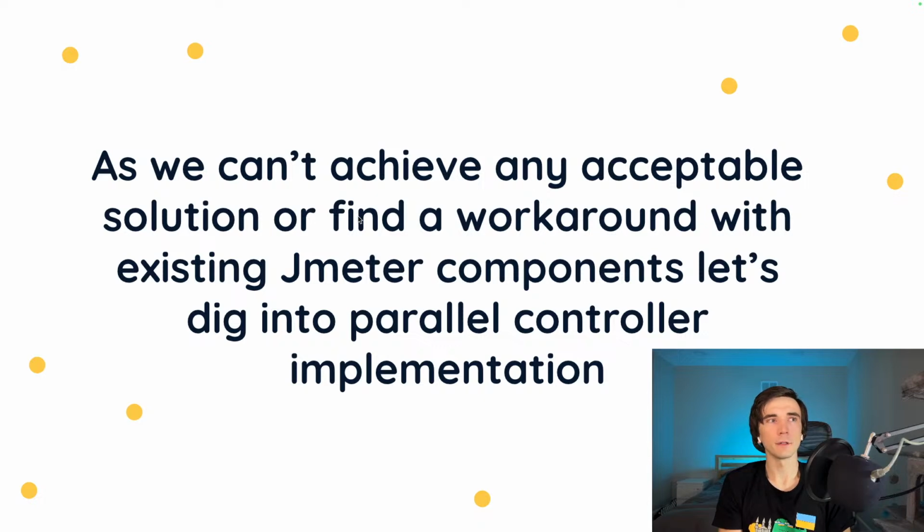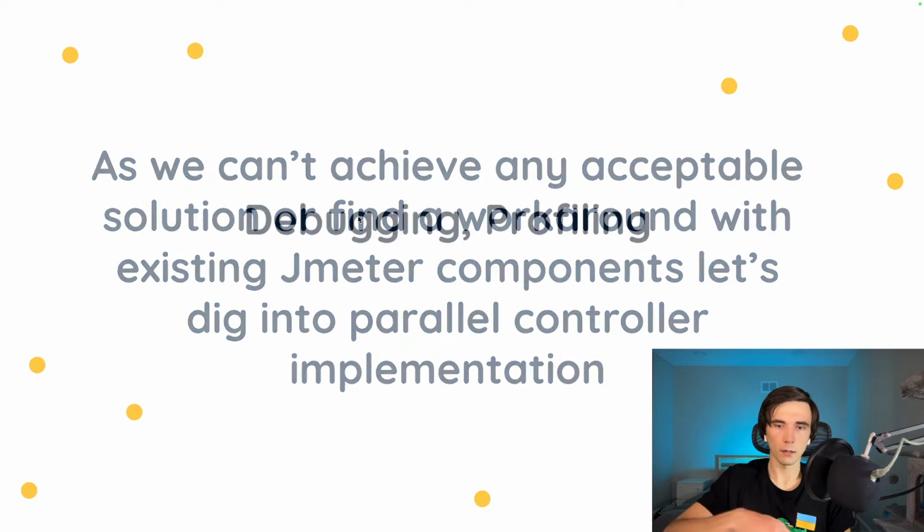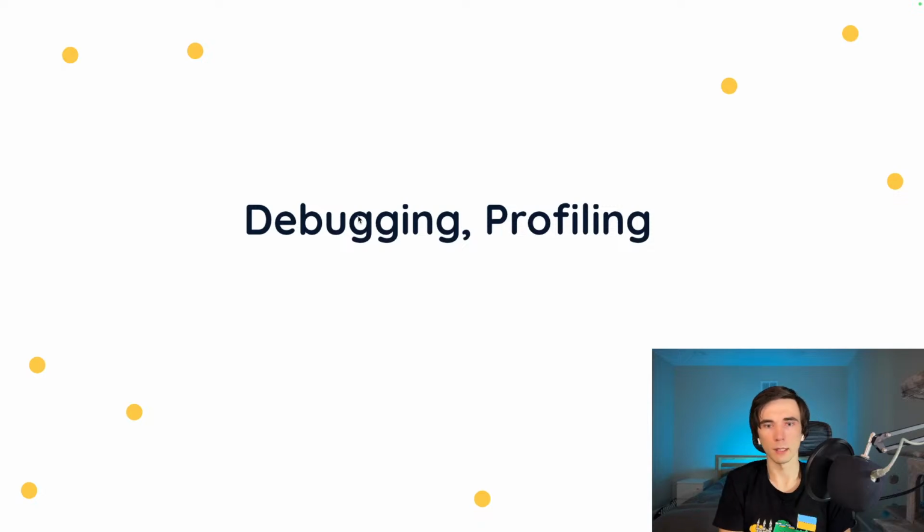So after not having any useful outcomes from forums, Stack Overflow, and so on, I decided to go into details. Generally, you get the source code of JMeter and of the parallel controller, you make a remote debug session to run JMeter, and you start debugging and profiling.